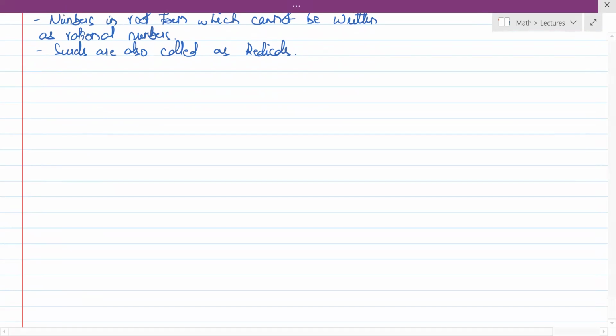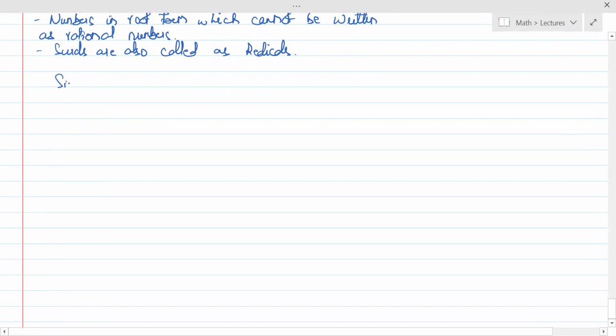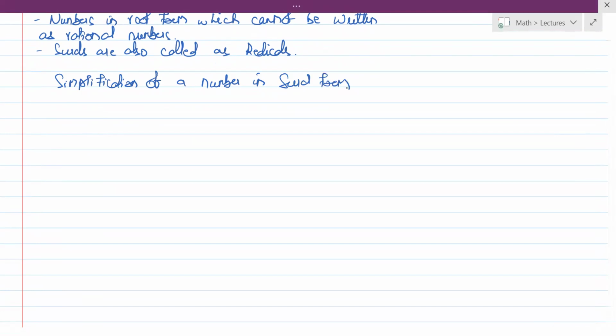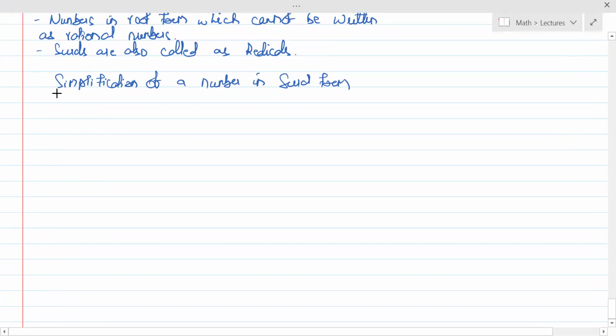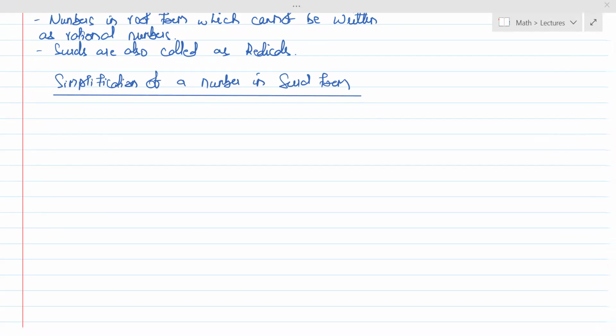So the first thing we are looking at is the simplification of a number in surd form. Let's pick up a few examples that will help us in understanding how a number in surd form can be simplified.